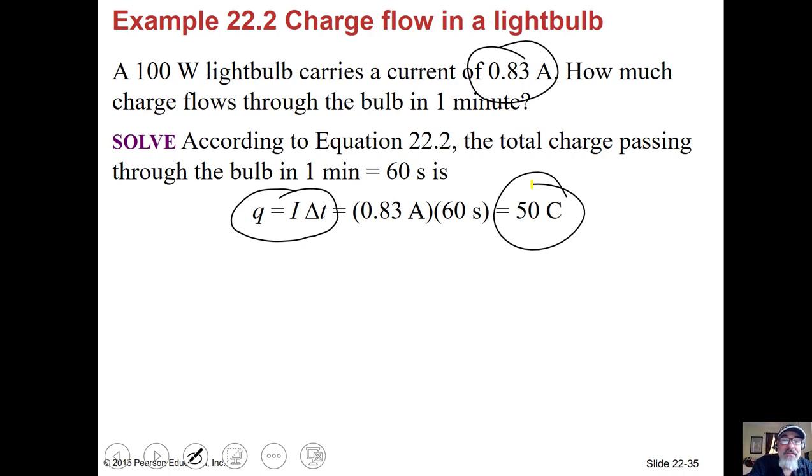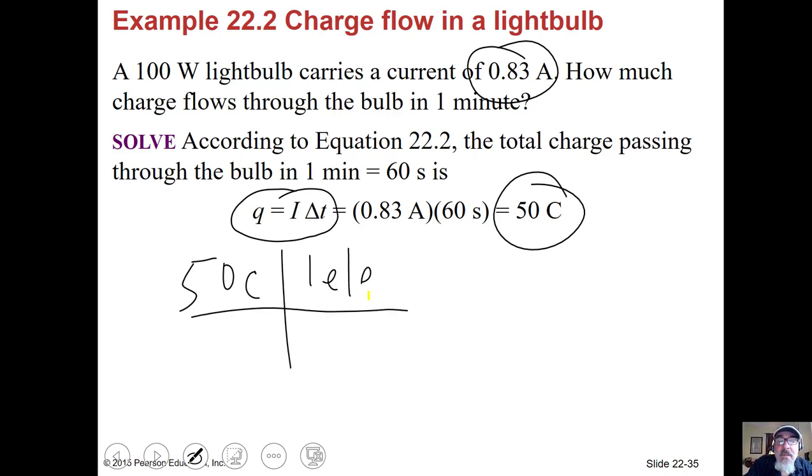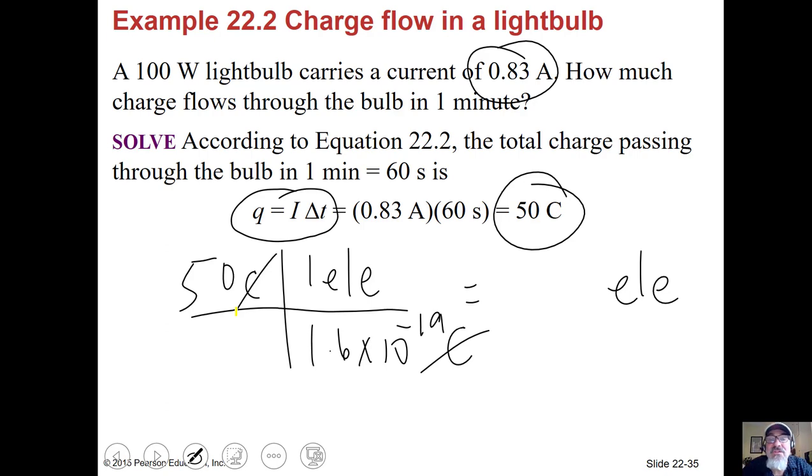Why is it a lot? Well, we've got 50 coulombs, and the magnitude of one electron's charge is 1.6 times 10 to the minus 19th coulombs. If you do the math here, you're going to have something like 10 to the 20th power or more. So billions and billions of electrons. I'll leave this to you to figure out how many electrons this is, but it's a whole bunch. Understatement.